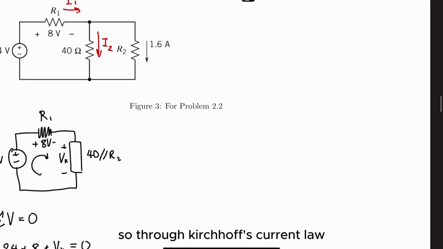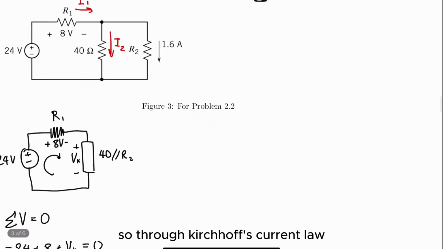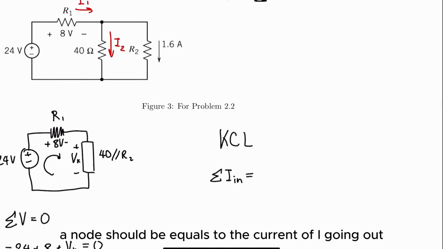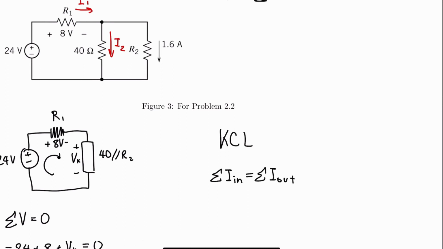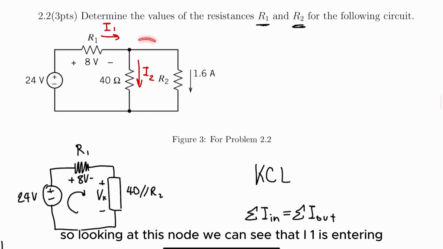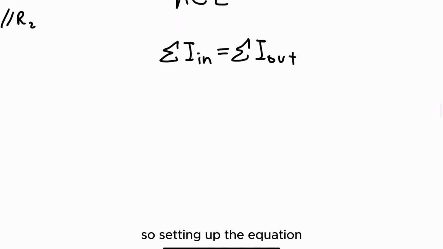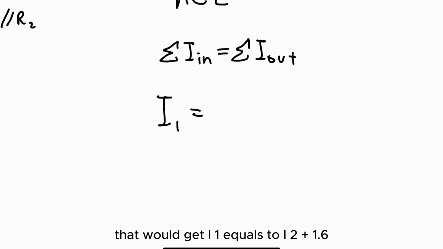So through Kirchhoff's current law, we know that the current going into a node should be equal to the current going out. Looking at this node, we can see that I1 is entering and we have I2 and 1.6 amps leaving. So setting up the equation, that would get I1 equals I2 plus 1.6.